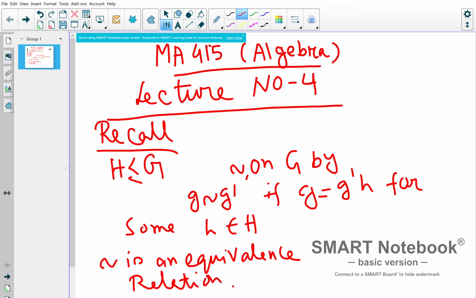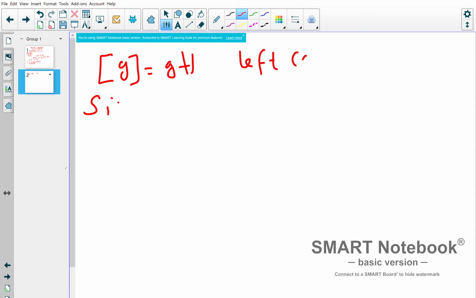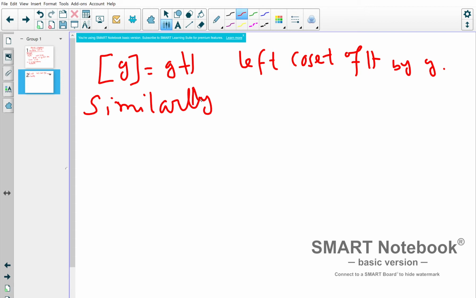The equivalence classes with respect to that relation, we denote by these symbols. These are the left cosets, the left coset of H by G. Similarly, you can define something called a right coset.